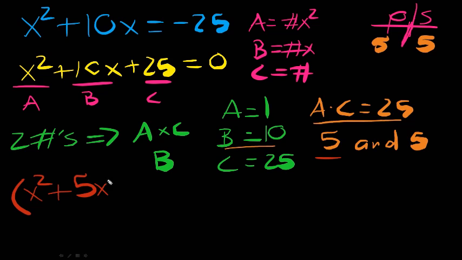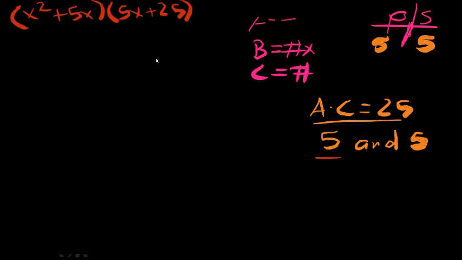Then you close the parentheses, and then you open another parentheses, and then you put the other number, add an x next to it, and then you take your C term and add it next to it. So essentially what we just did is we replaced the B term with both of the product sum numbers. So we have this.